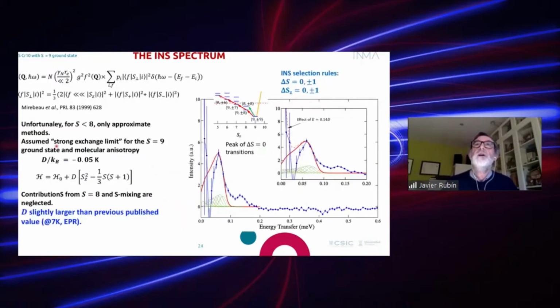So from here we can calculate what happens with this state, and we calculate it with this value, which is close to that predicted by EPR. We can even introduce a small rhombic term. So this state corresponds to the splitting by anisotropy of the ground state.